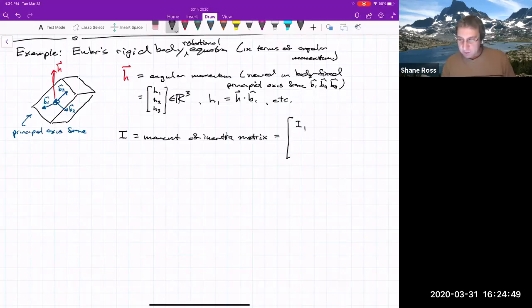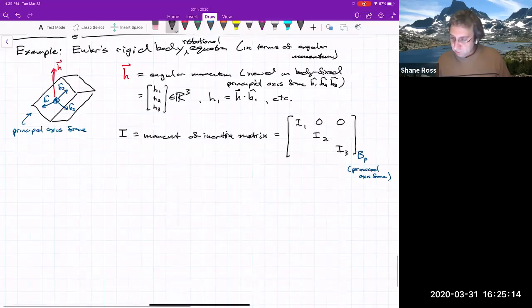Since we're writing this in a principal axis frame, this simplifies to just a diagonal matrix. This is notation from intermediate dynamics: B sub P means we're using the principal axes as the frame. Everything else is zeros, so we just have diagonal elements.